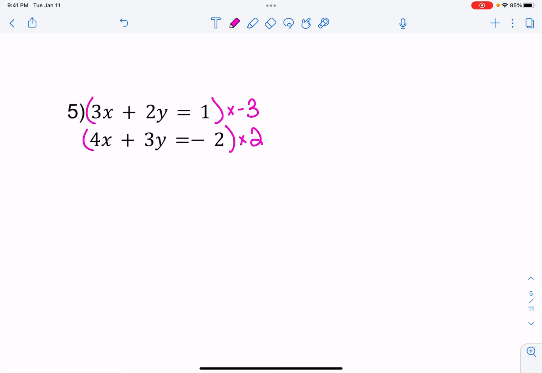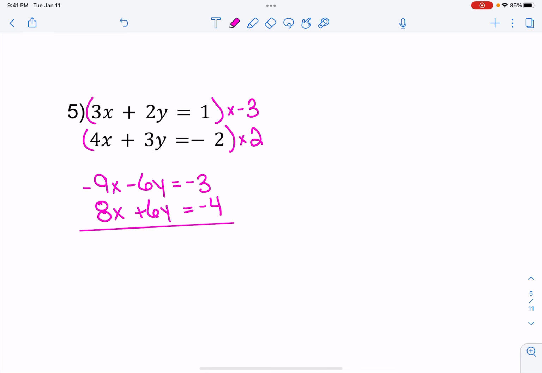All right, so when we multiply our top equation by negative 3, we get negative 9x minus 6y equals negative 3. And then on the bottom equation, when we multiply by 2, we get 8x plus 6y equals negative 4.